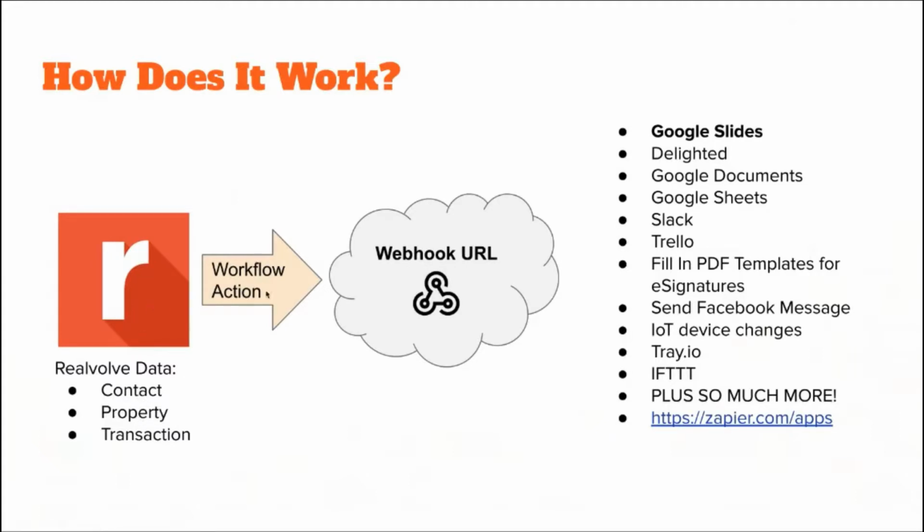You can use a workflow action now to send to a webhook URL and have data sent to lots of different third-party services. And this is super, super cool, so that while in the middle of some workflow, if you want something printed, created, sent, whatever, you can now do it within the system.